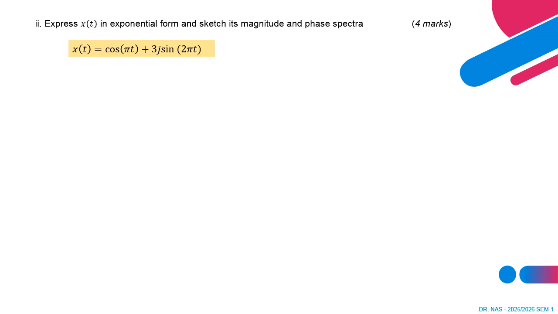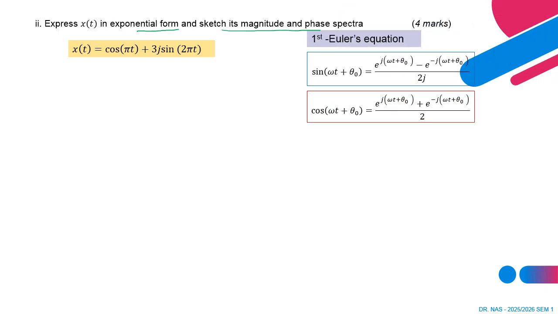Okay, secondly, you need to express the given equation in exponential form and then sketch both the magnitude and phase spectrum. So in order to convert the trigonometric equation into exponential form, you need to remember Euler's theorem for both the sine and cosine.